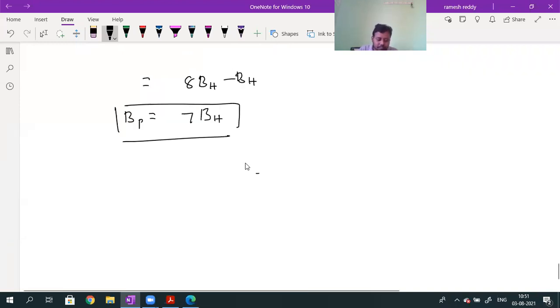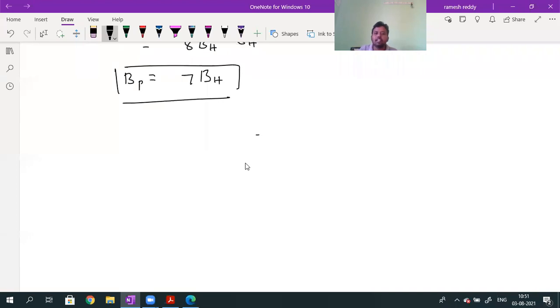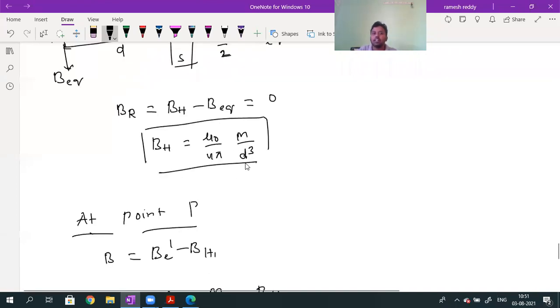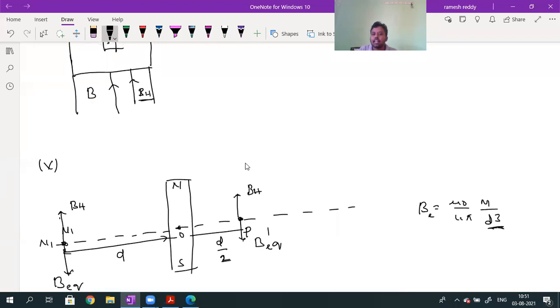Next, I want to calculate the magnetic field induction at another point. For example, let me consider another point Q. The distance of this point Q from the center of the bar magnet, let me call it 2d.